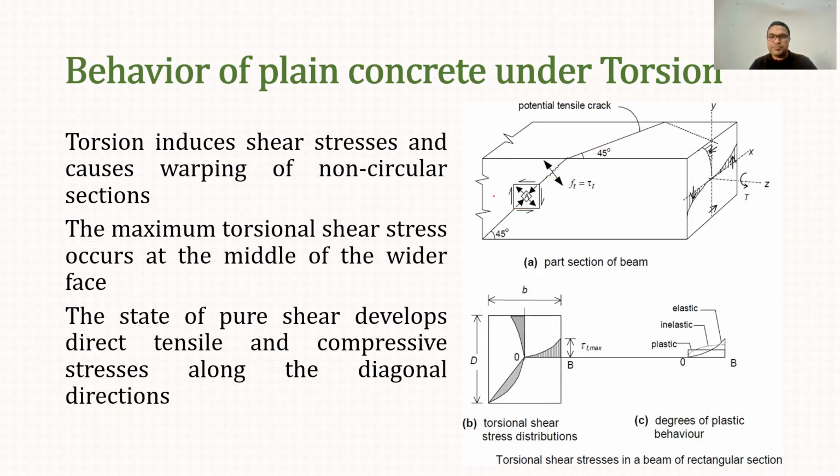This shear force has two effects: one is diagonal tension and the other is diagonal compression. Because of this, it will try to stretch this beam like this, and therefore the crack will occur like this.